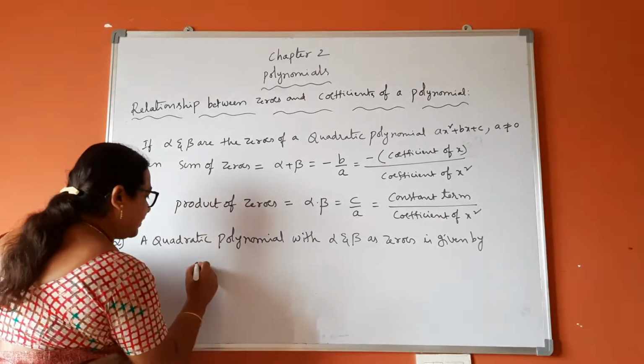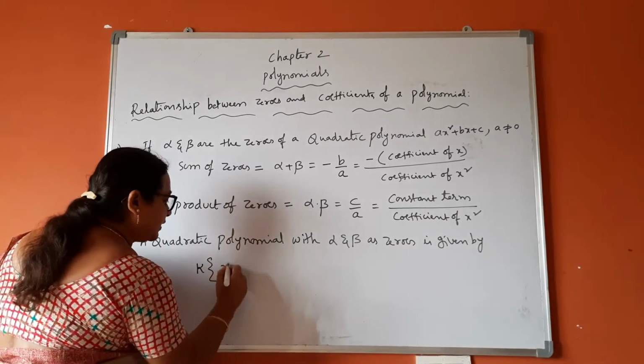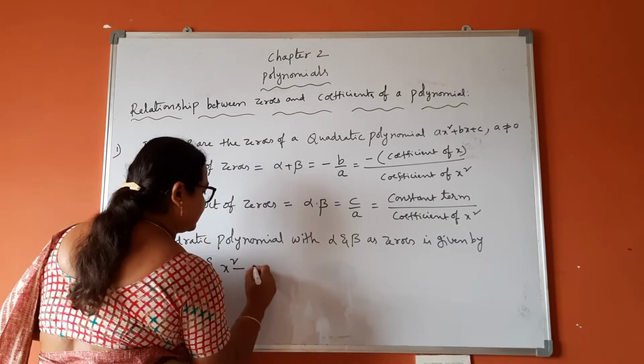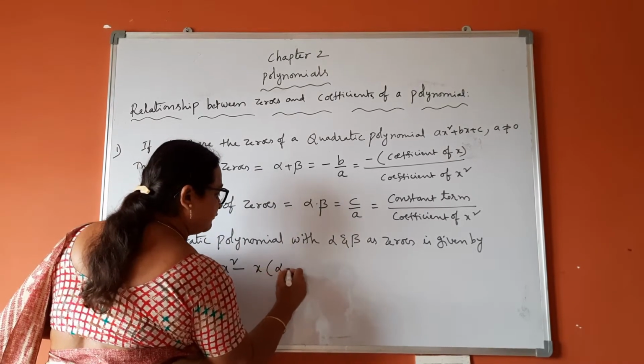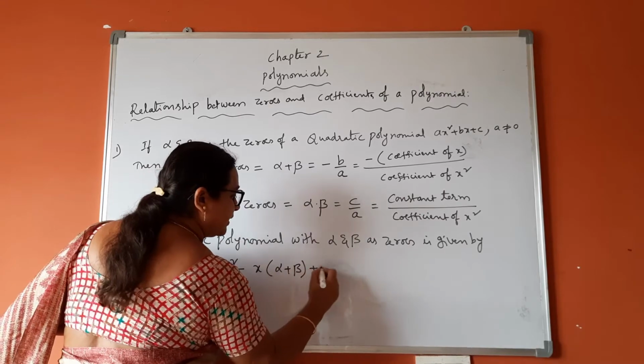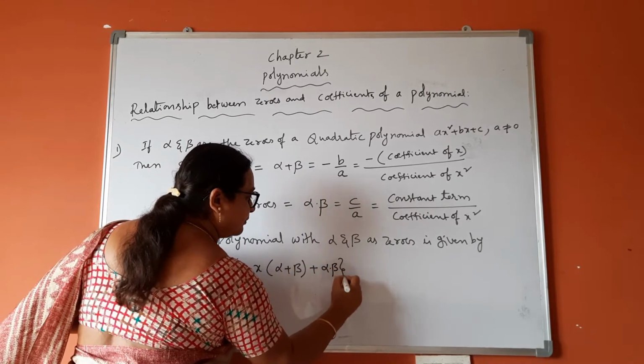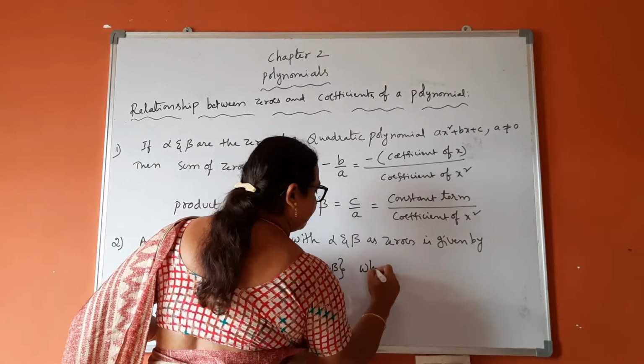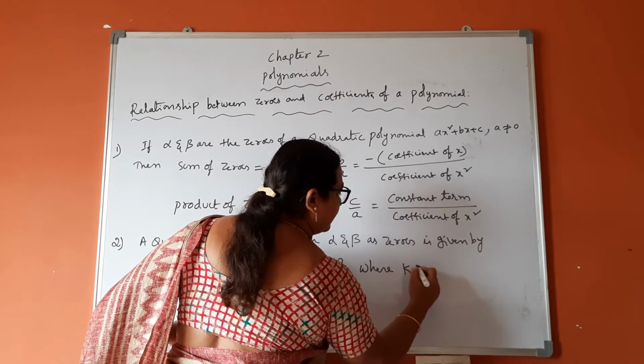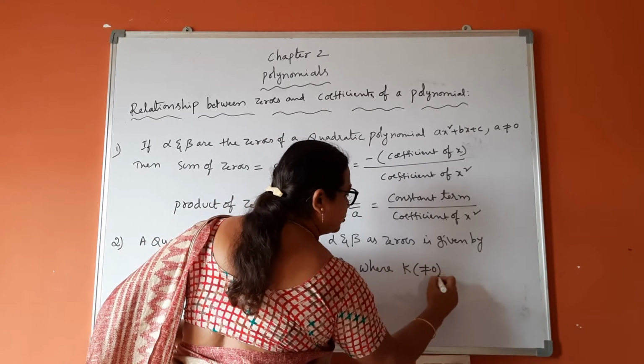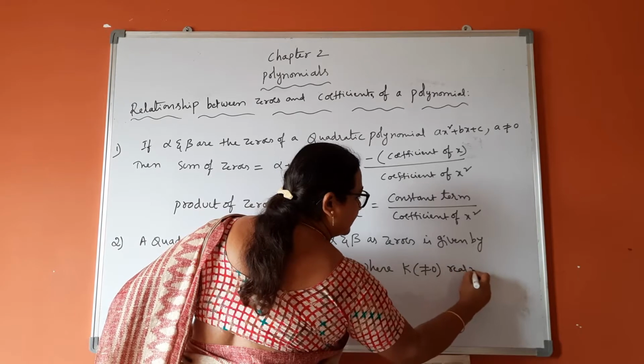It is given by k into x square minus x into alpha plus beta plus alpha into beta, where k is not equal to 0 is a real number.